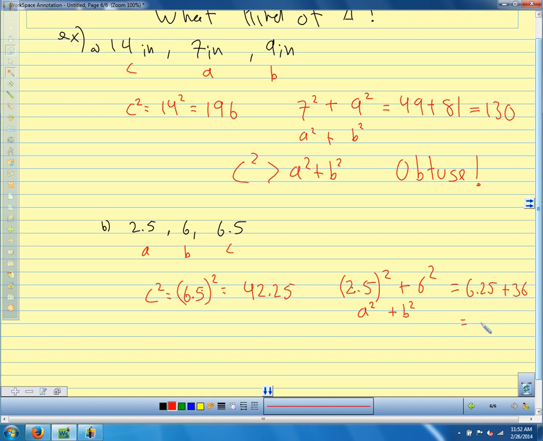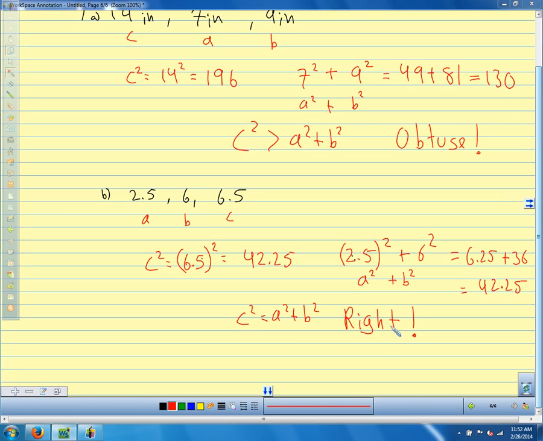When I add those together, I get 42.25. So A squared plus B squared is 42.25. And what do we see? C squared equals A squared plus B squared. And we get a right triangle. So that triangle turns out to be a right triangle.